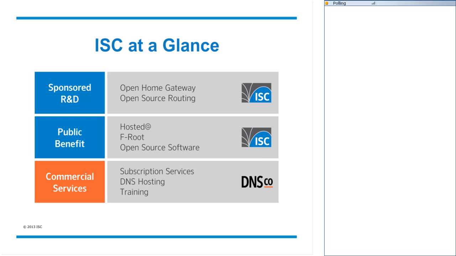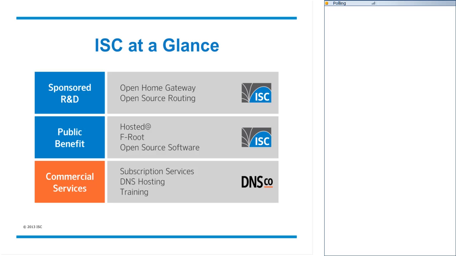We operate F-Root. We also do some public benefit secondary DNS hosting for nonprofit organizations. We also have some sponsored research and development, our Open Home Gateway Forum, and open source routing. Many of you may be familiar with Quagga, and Quagga falls under our open source routing forum umbrella.